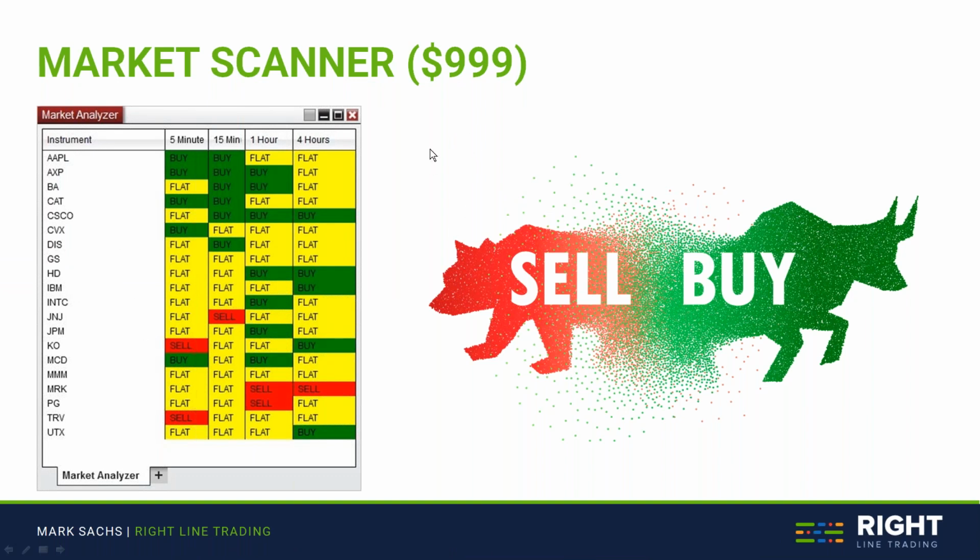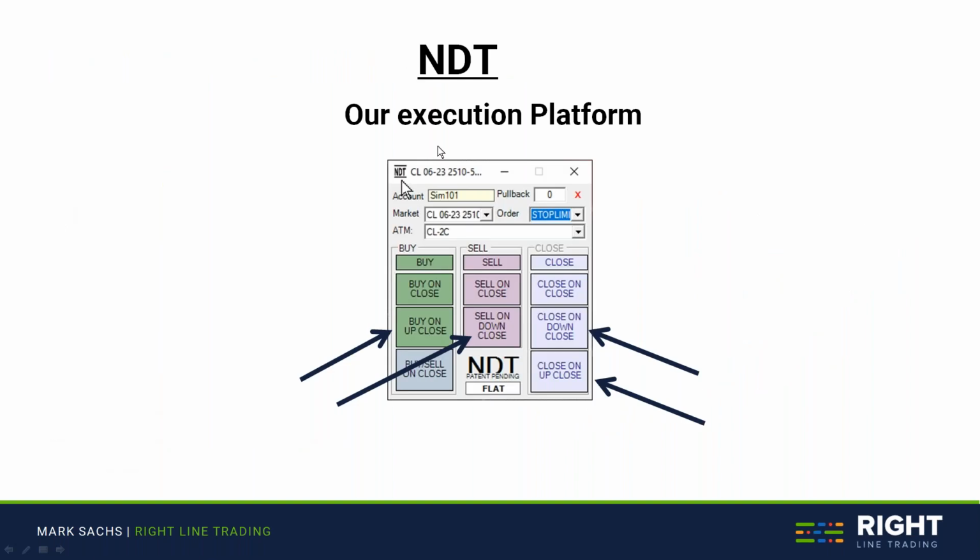I use this every day, and it's really helpful. The second thing is our execution platform. When I say buy on down close or sell on down close, buy on up close, I'm clicking on these buttons and it places the order one tick above the candle. I also use close on down close or close on up close a lot.